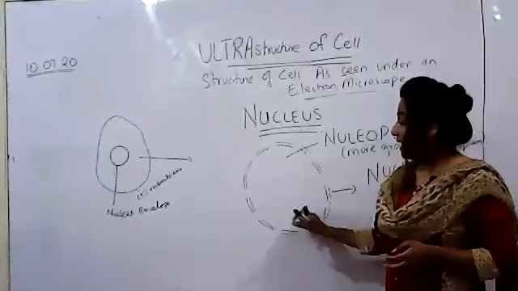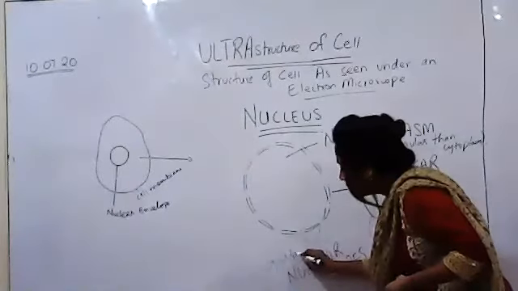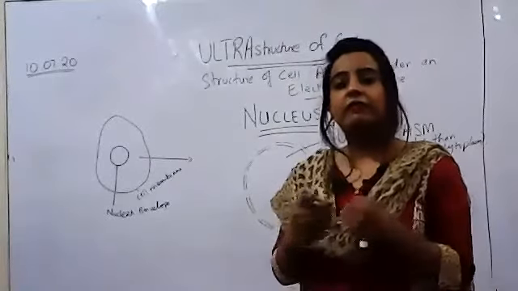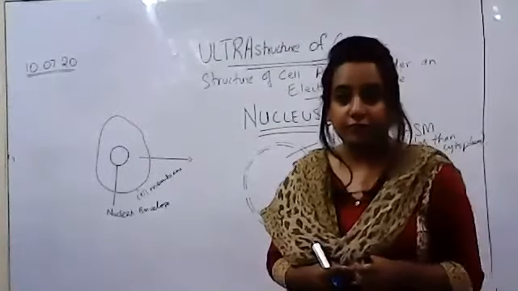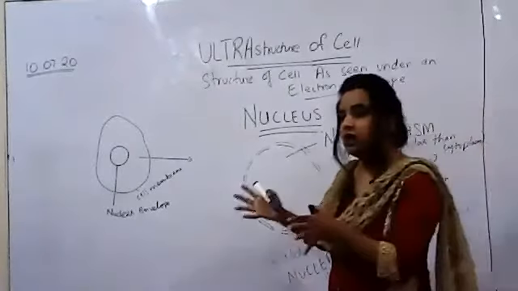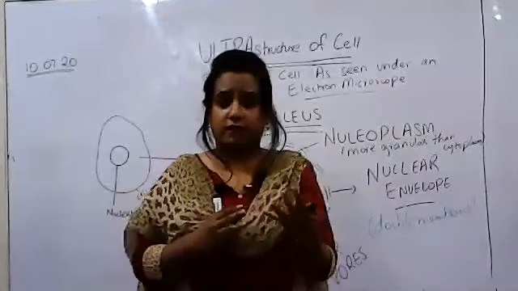Then one more thing. The nuclear membrane or the nuclear envelope has pores. It is definitely selectively permeable because the membrane is made up of the material that the cell membrane is made up of. But because there are two membranes, it does not allow every material to enter and every material to leave. These are guarded by proteins, just like you have guards at the gates, right? They'll not allow everyone to enter. They'll check, right?